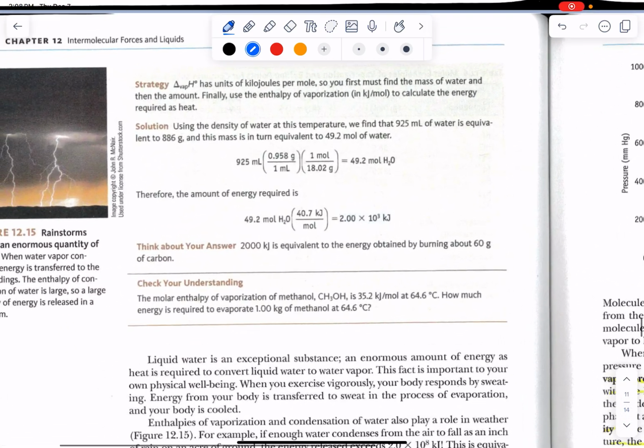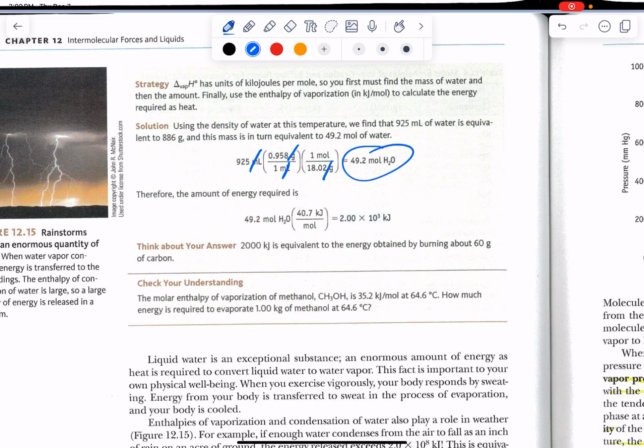It's a pretty simple dimensional analysis problem where we take our milliliters and convert it into grams. For this particular liquid, it's pretty close to 1, and then we find our number of moles from grams. Once we get moles of water, we multiply moles of water by the enthalpy per mole, so moles cancel out, and there's our amount of heat.